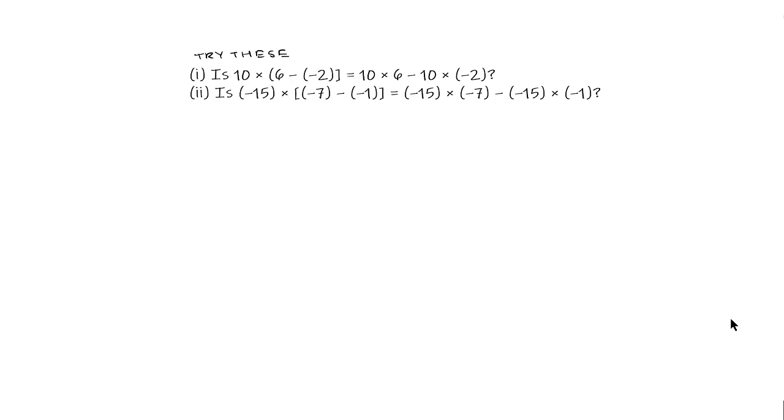Question 1 is 10 multiplied by within bracket 6 minus minus 2 equal to 10 multiplied by 6 minus 10 multiplied by minus 2. So we solve it.